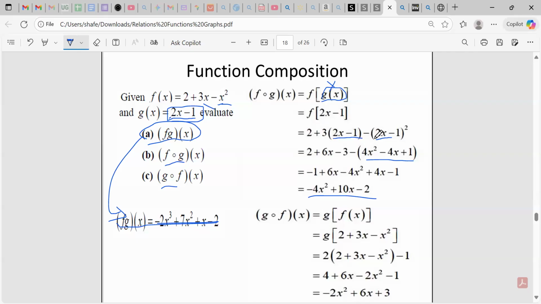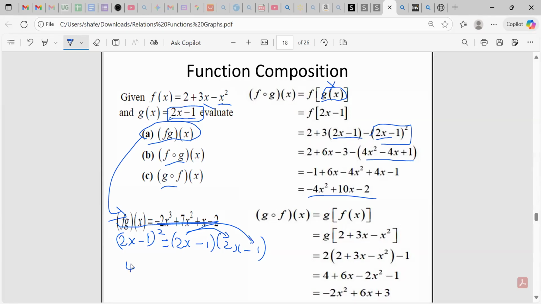For those who don't know how to do this part, I think this will puzzle people. Let me write it here. 2x minus 1 squared is equivalent to 2x minus 1 times 2x minus 1. And I'll show you a shortcut how to do it. You can use the distributive law: 2x by 2x, and then 2x by minus 1.